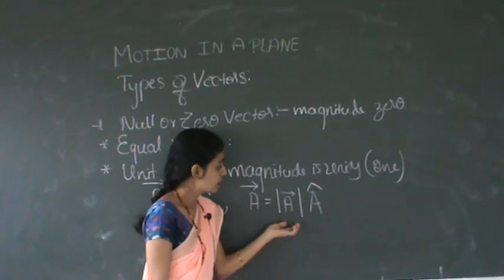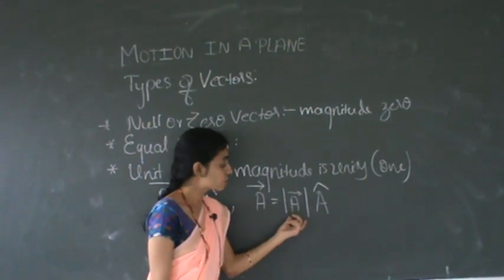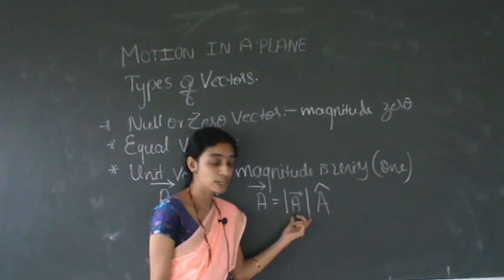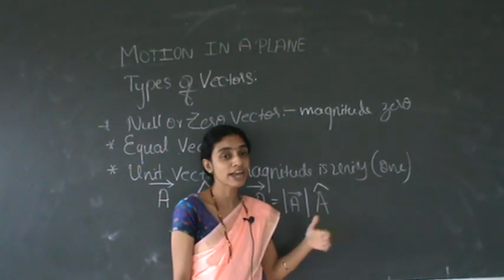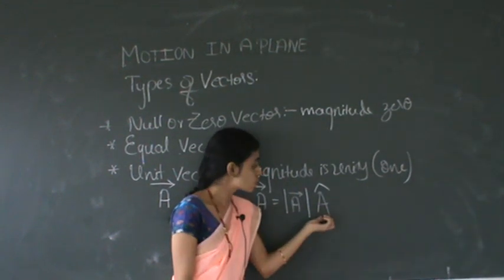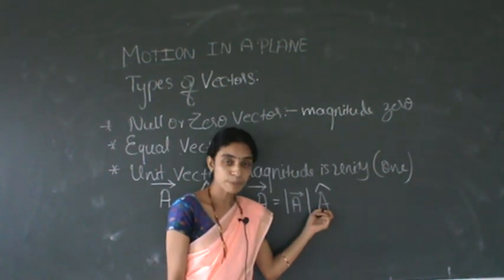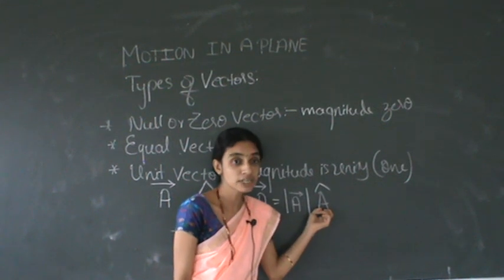Here modulus of vector A represents what? Magnitude value. This unit vector represents what? Direction. If magnitude is other than unity, this value helps to represent the direction.